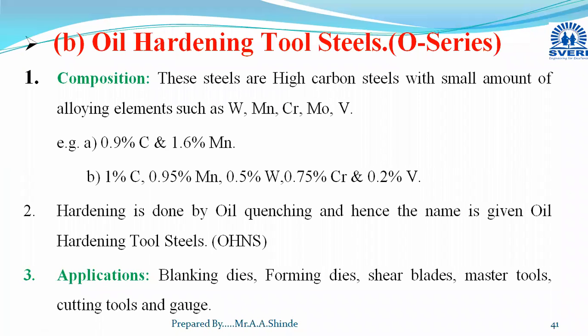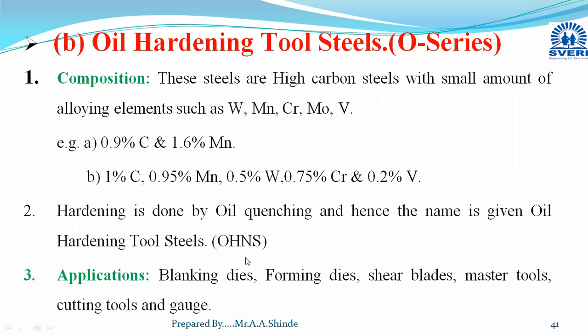These steels have some common characteristics. That is, they have good hardness, good toughness, and good wear resistance. Another specific characteristic of this particular oil hardening tool steel is that during the hardening process, distortion is very less.